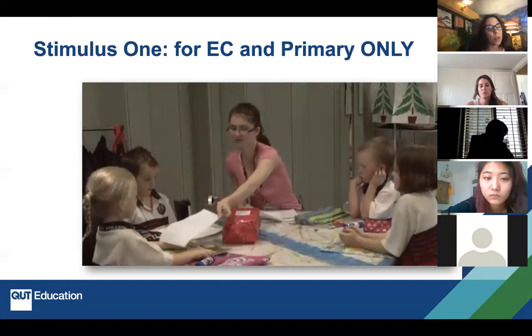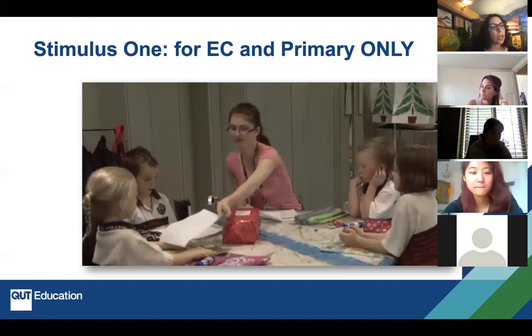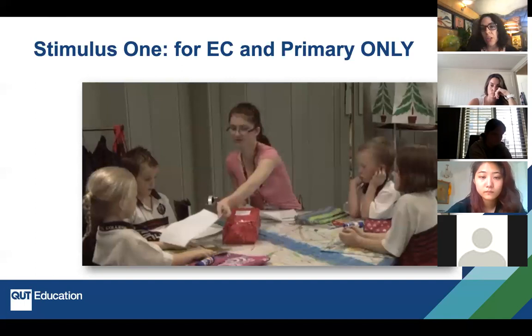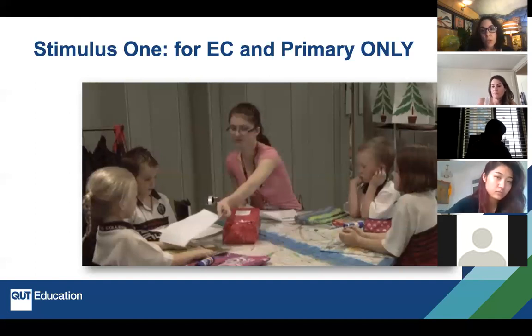This is really important in early childhood and primary, but just as significant in secondary as well. So she was very encouraging. One of the students, I think, she said, do you want to have a go or someone else to have a turn? So really encouraging. She used open-ended questions and also leading questions. She had the procedural steps.